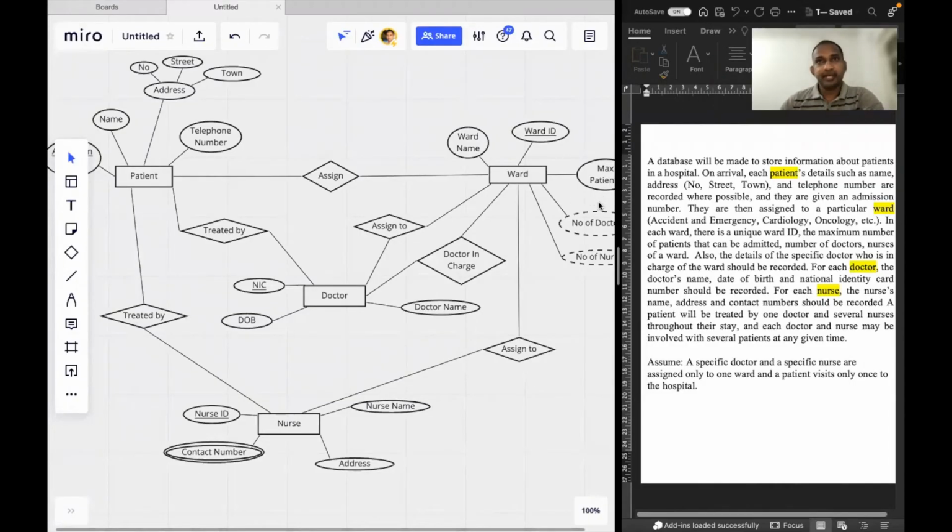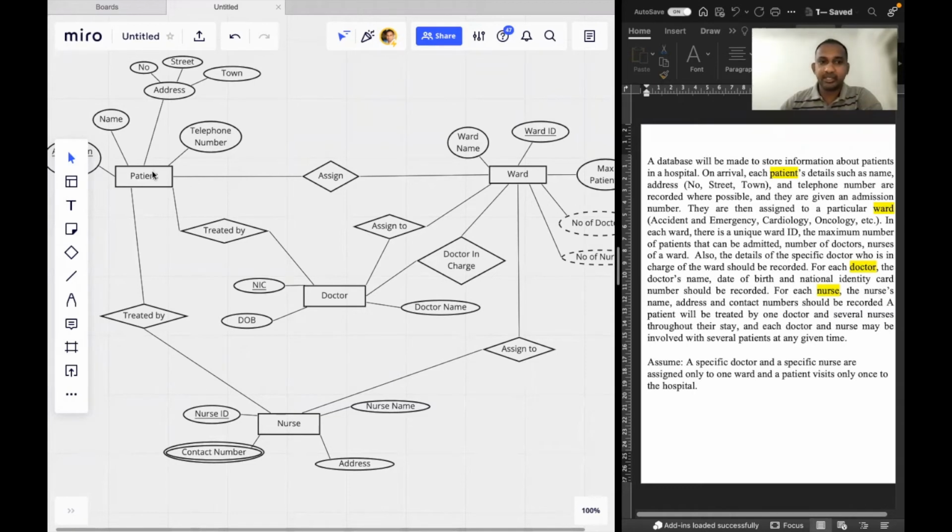Okay, next we have to draw the cardinality ratio of this ER diagram. What does cardinality mean? Cardinality defines the possible number of occurrences in one entity which are associated with the number of occurrences in another entity.